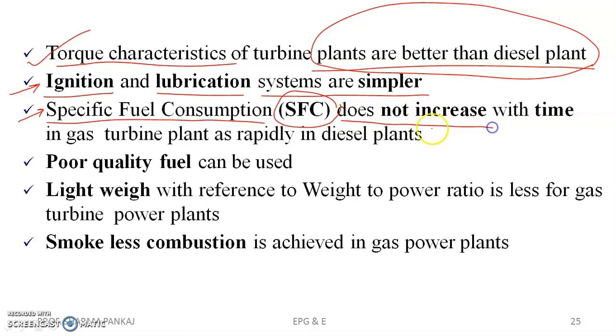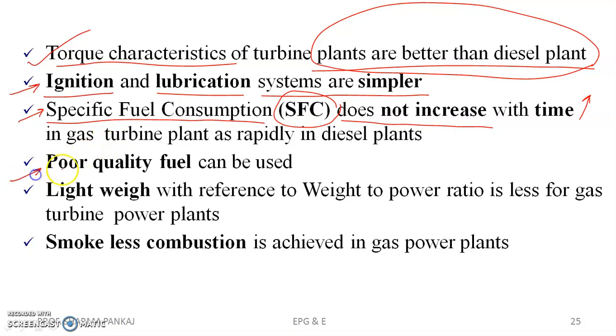Please mark it. It does not increase with time in a gas turbine plant as rapidly as in diesel plants, whereas in diesel plants it increases. So the gas turbine power plant has another advantage in comparison to diesel power plants.